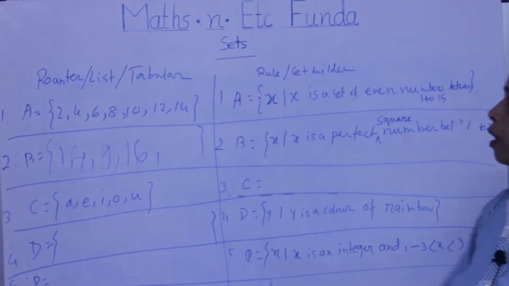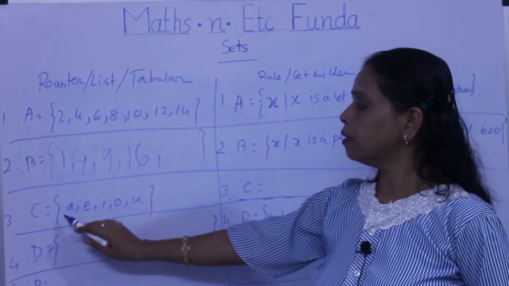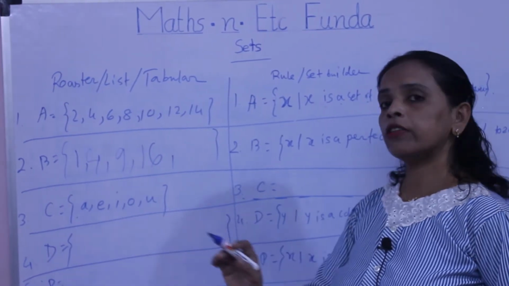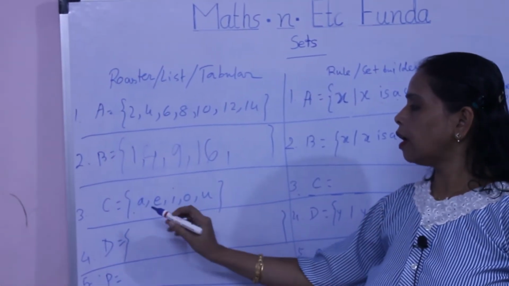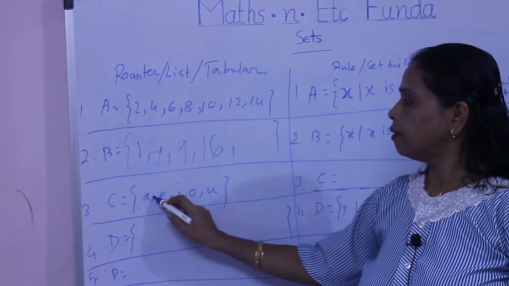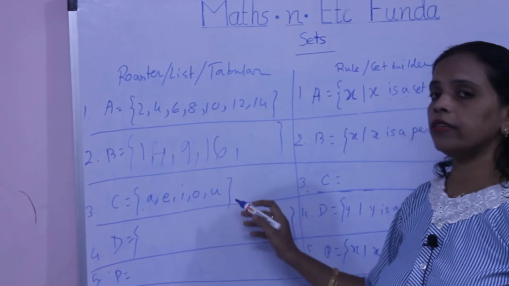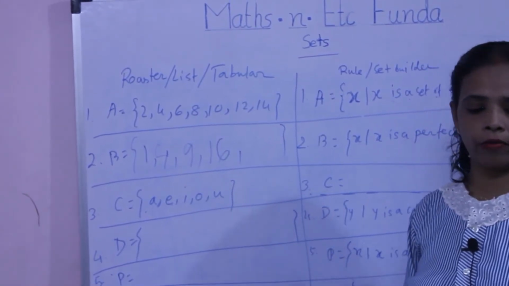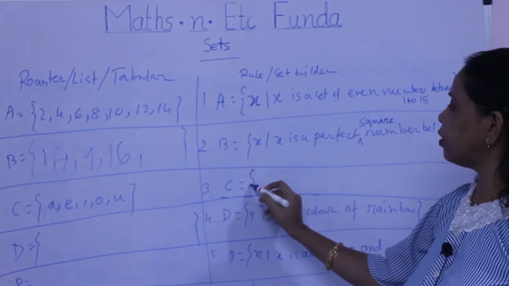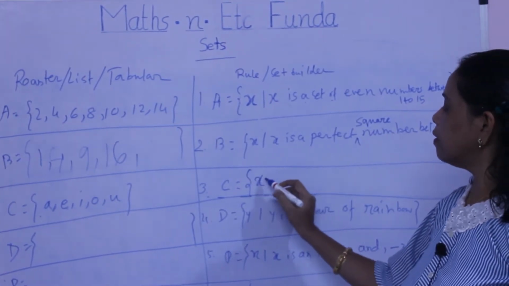Now come to set C. Here set C is given. First observe this: A, E, I, O, U. What is this? These are the vowels of the English alphabet. So how do we write? X is a variable.